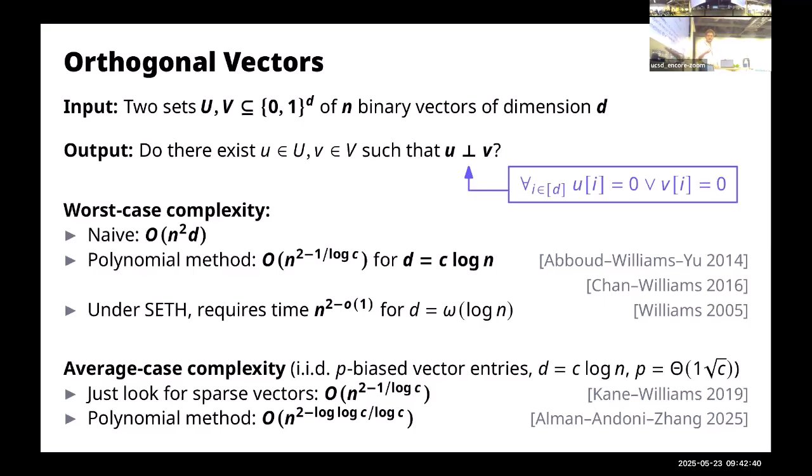And in this setting, if you think about it for a while, the vectors that are likely to be orthogonal have few ones. The fewer ones you have, the more likely it is that you would be orthogonal to some other vector. So there is a very simple algorithm by Kane and Williams that does something better than n squared. It's actually the same running time as for the worst case, but it basically just looks at a small enough set of sparse vectors and looks for an orthogonal pair between them.